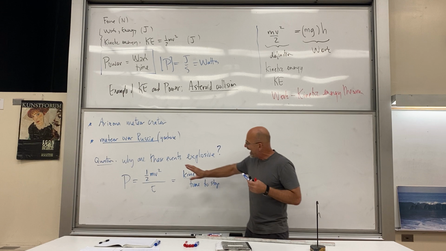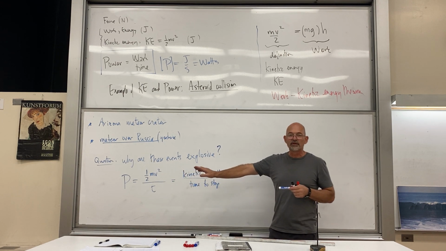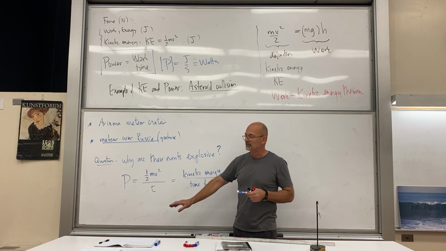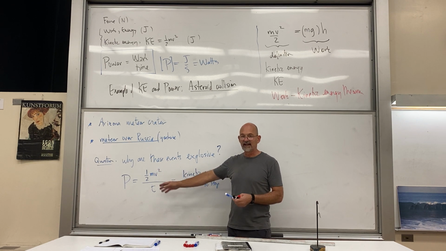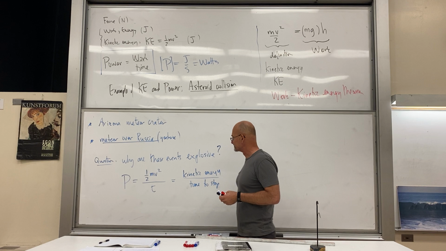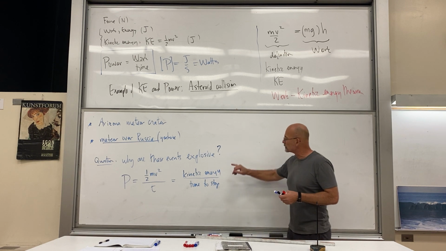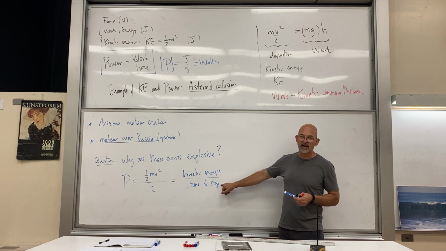Now this is mechanical kinetic energy. We'll learn later in thermal physics how and why it gets converted to heat. But it does get converted to heat. It's just an explosive event. So the answer is a very large numerator and a very small denominator.